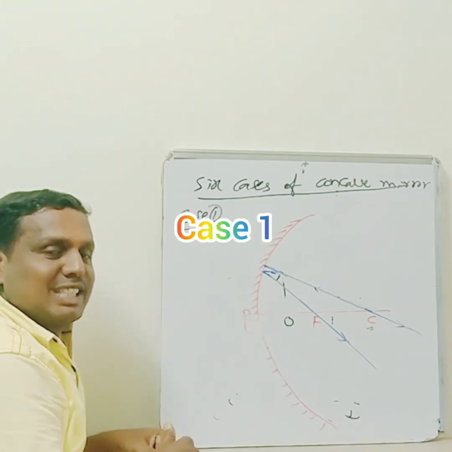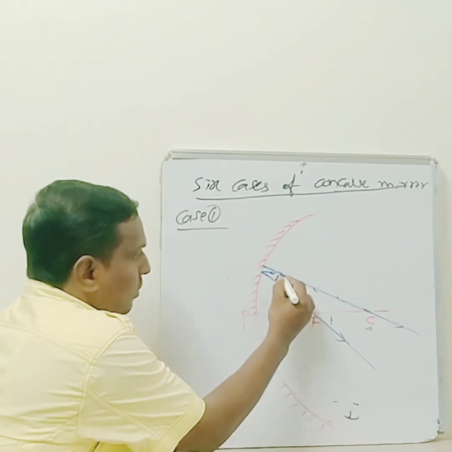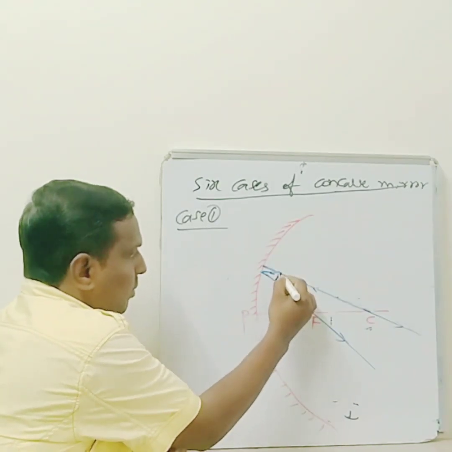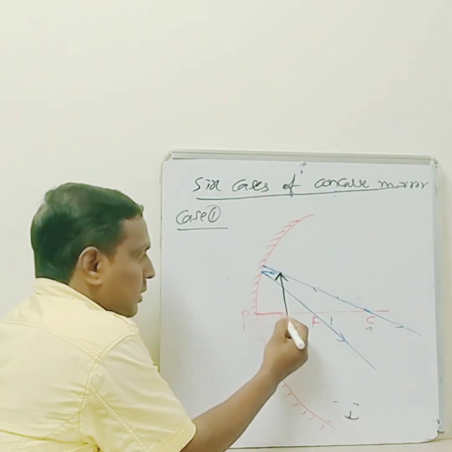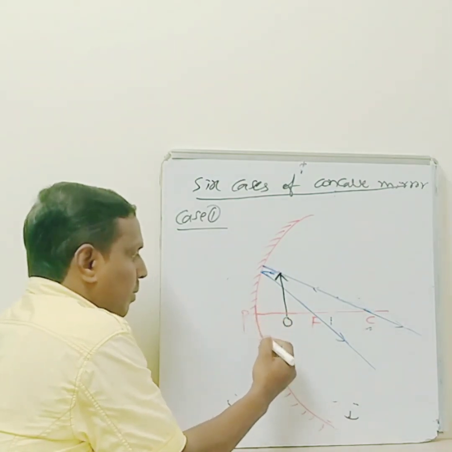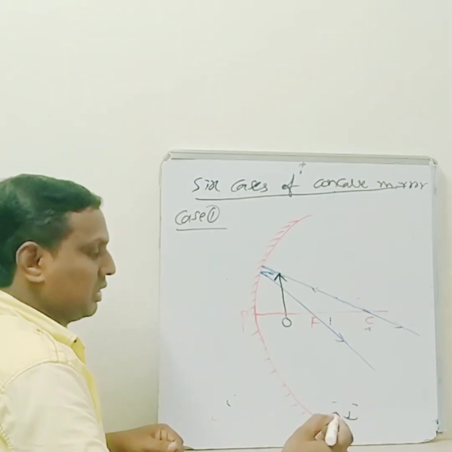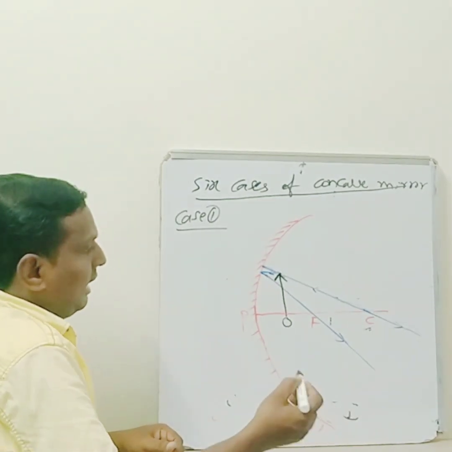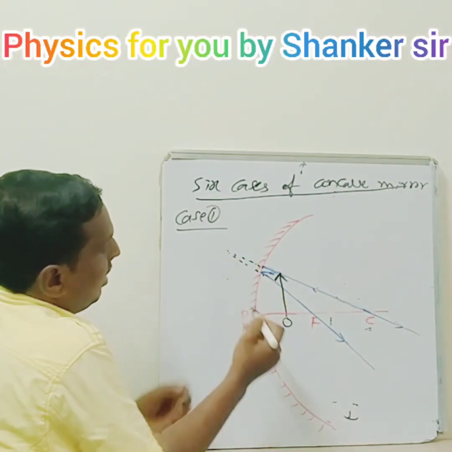So now we want the image. For this case, just we can see here this object. Principal axis. So look here. Now we want the image. For the purpose, we extend the light rays here. Extended light rays.